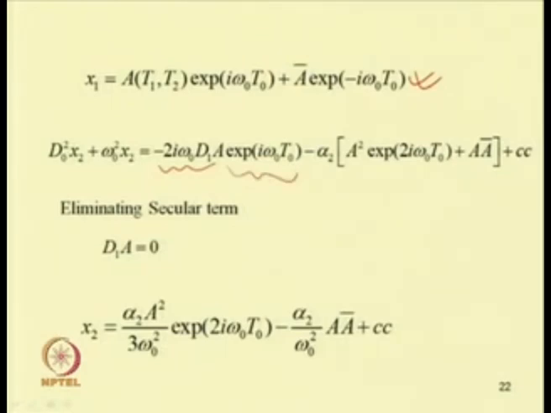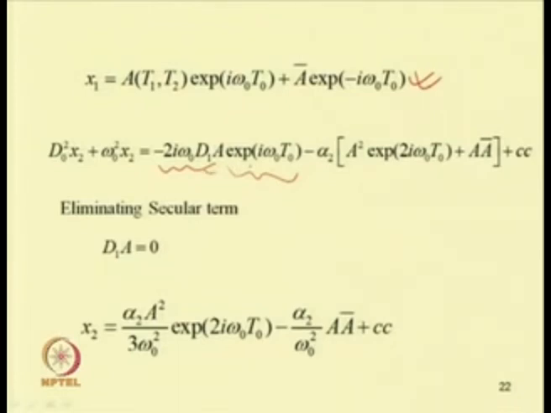If this term is present in the equation, it will lead to a solution which will be infinite as omega approaches omega 0. As we are taking e to the power i omega t 0, this will be a secular term, or unbounded. But as the actual solution is bounded, we have to eliminate this term. This term is known as the secular term.